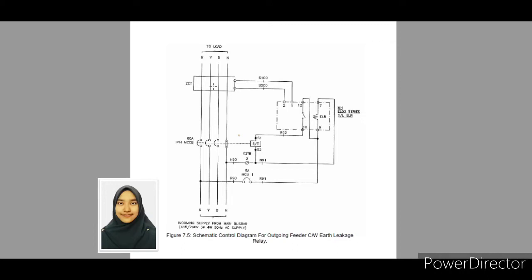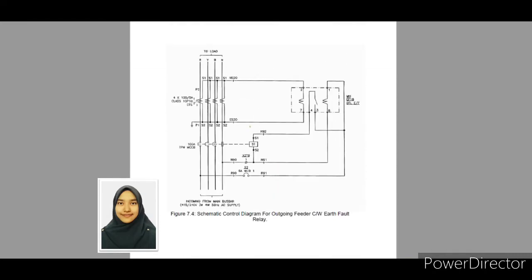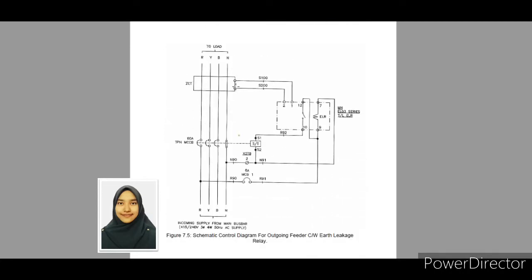As you can see, this is the difference between figure 7.4 and figure 7.5. In figure 7.4, we use CT, and in this figure, we use ZCT, which stands for zero current transformer.